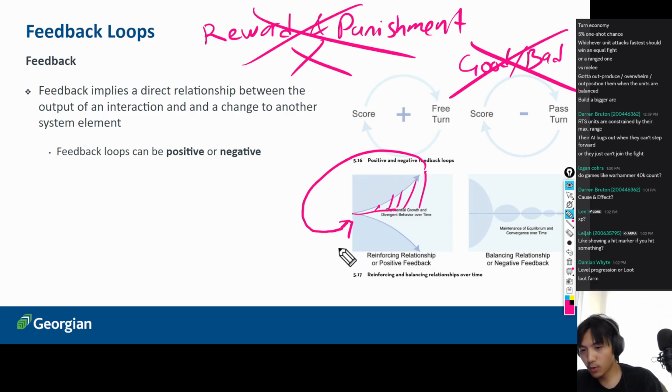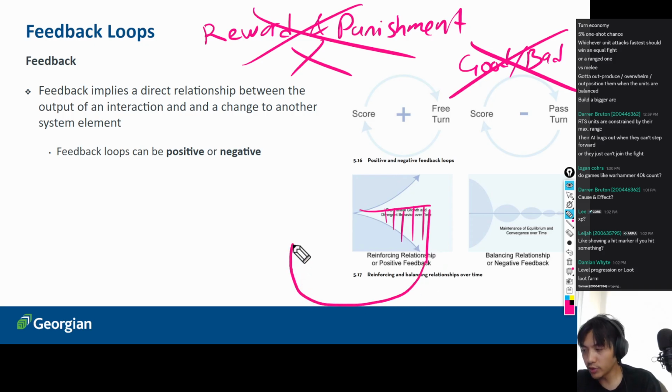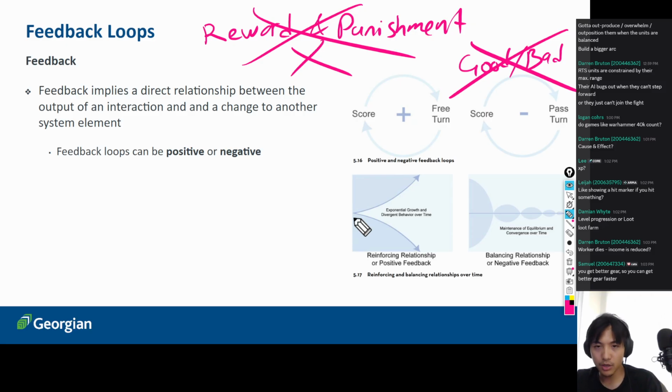It doesn't actually necessarily need to be something that is increasing. It could also be something that is decreasing, as long as it's doing so because it's directly related to its own cause. In mathematics or statistics, there's something called correlation. It's basically when things are positively correlated and they feed back into themselves.